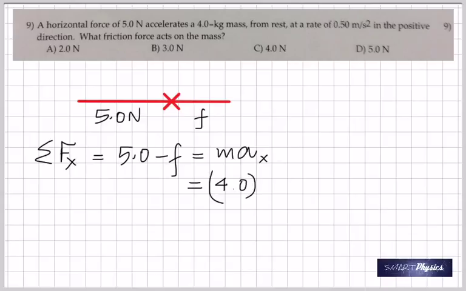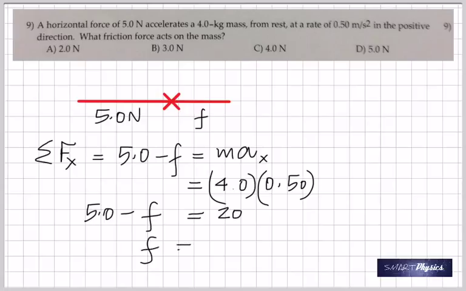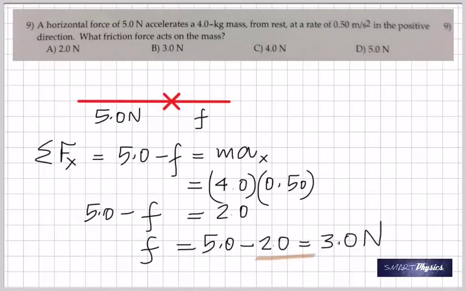That's the mass and that is the acceleration. Oh, the product there is 2. I'm going to change that. It's not 20. Yeah, 2. And so when you rearrange, you get 5 minus 2, which is 3 Newton. Can there be anything easier than this?